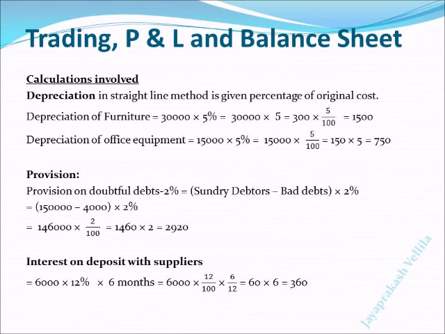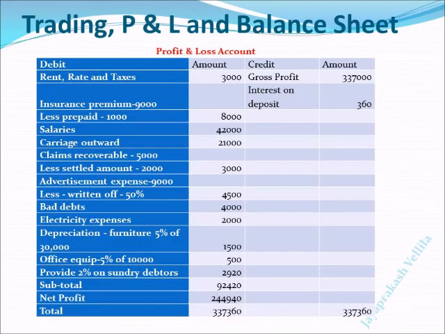Next, depreciation of office equipment is 15,000 into 5% equal to 15,000 into 5 by 100, which is 150 into 5, equal to 750. So 1,500 and 750 are the depreciation of furniture and office equipment.